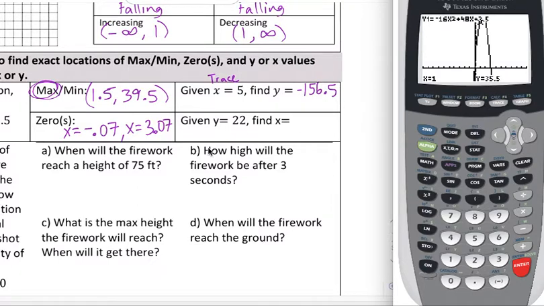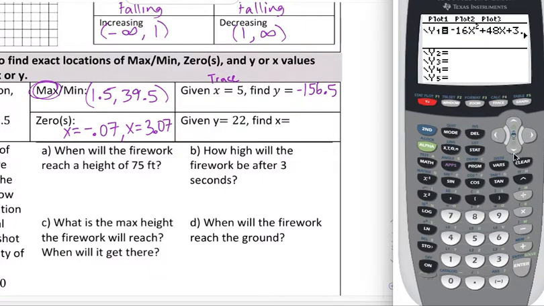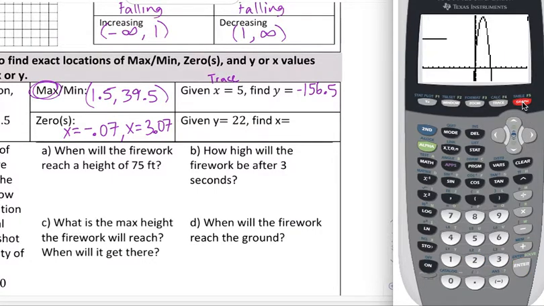All right, the next problem here says, given y equals 22, I want to find the x. Okay, well, we need to do y equals. We're going to put in a second equation. So I'm going to go to y equals, go down to my second y values. I'm just going to say, what if y equals 22? And you're going to see a horizontal line drawn.